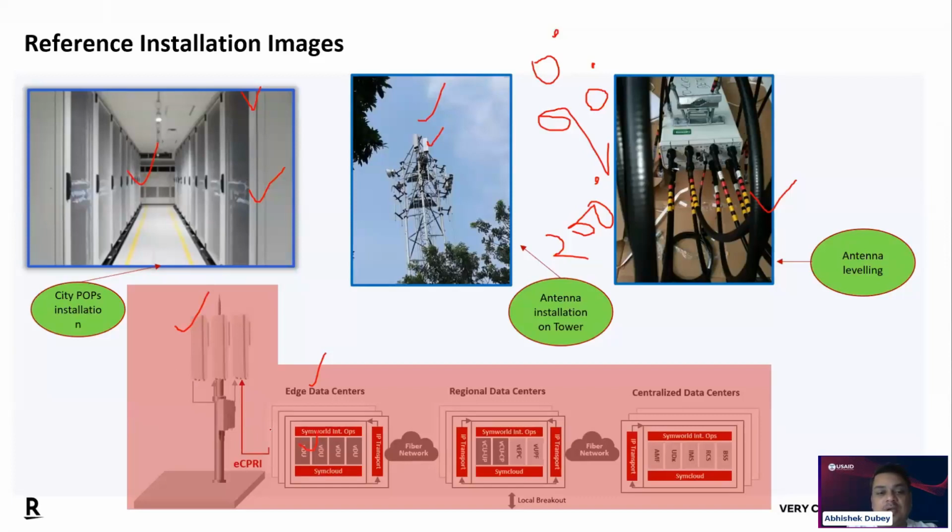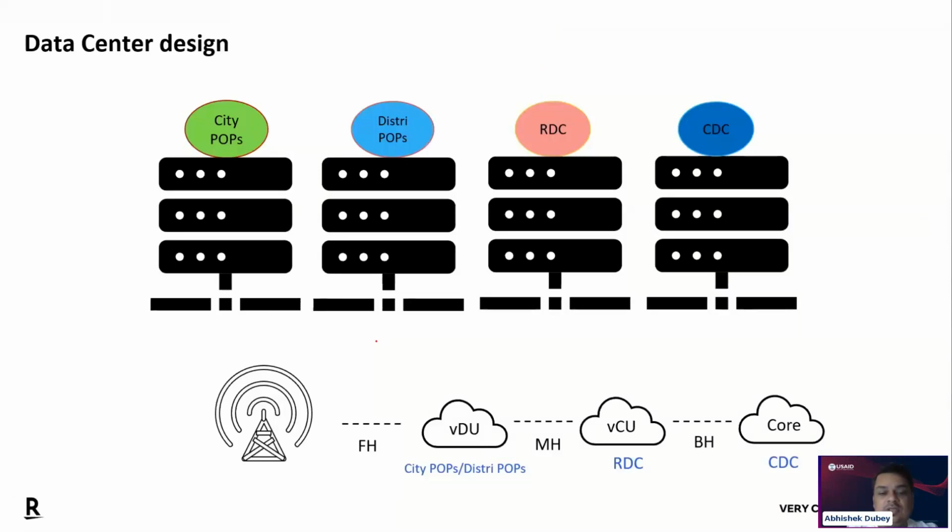So the two parts are explained here. Let's understand the other architecture part, how you're going to deploy for ORAN. Let's get a little more into the data center design and installation. There could be multiple data centers, as we were discussing in the previous slides: it could be a city POPs, a district POPs, RDC or CDC.